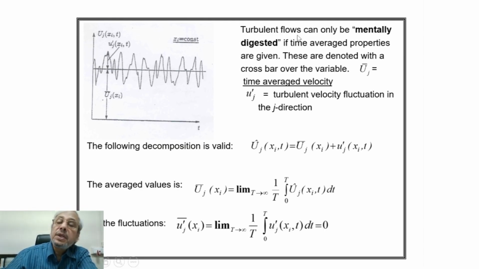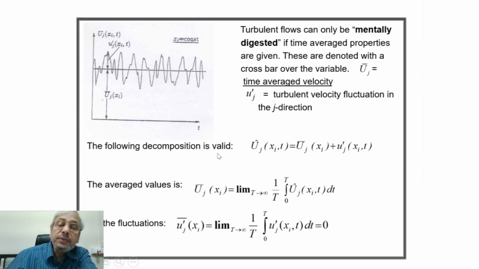Turbulent flows can only be mentally digested if time average properties are given. These are denoted with a cross bar over the variable, and we have defined uj bar and uj prime.